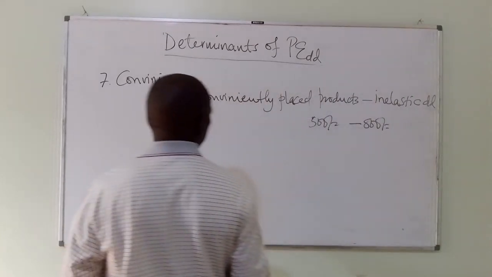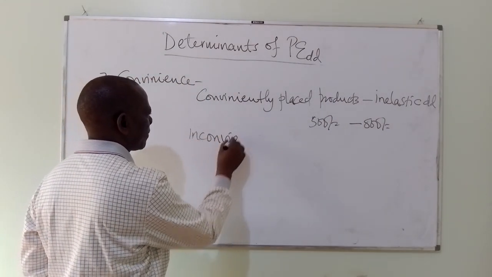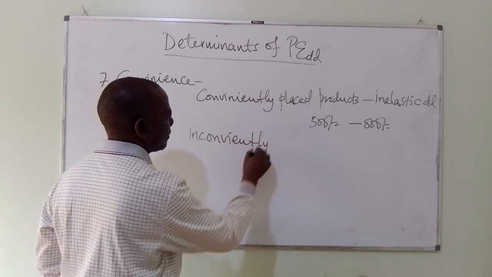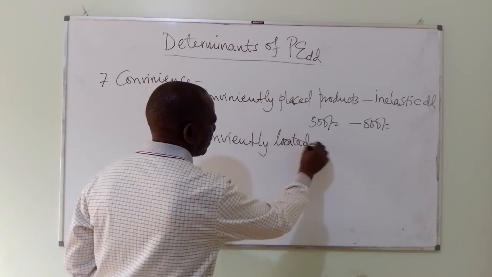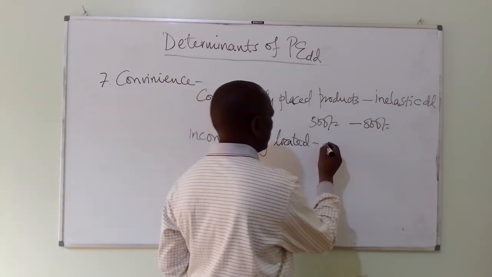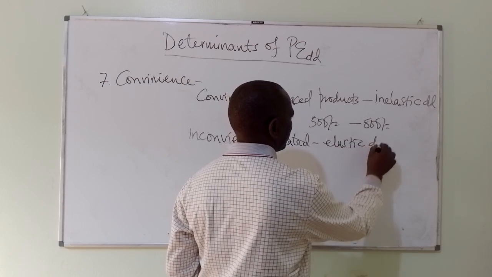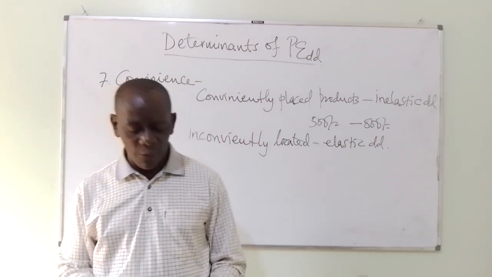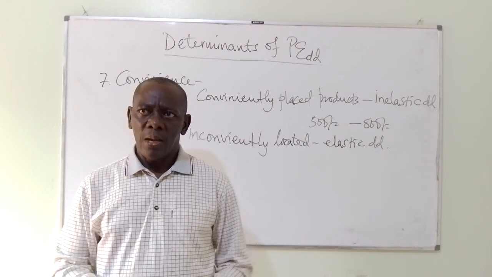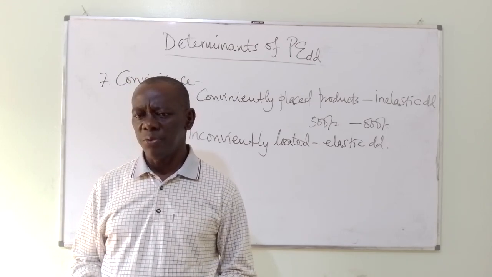Whereas commodities which are inconveniently located or placed tend to have elastic demand. So you cannot change the price so much because of the convenience. You find this in some places where they sell food.